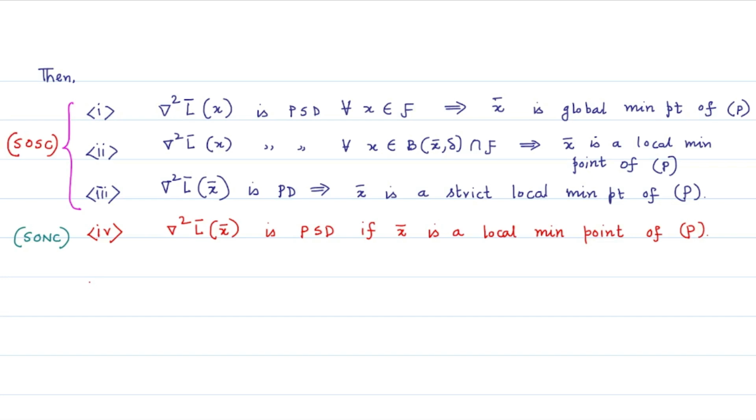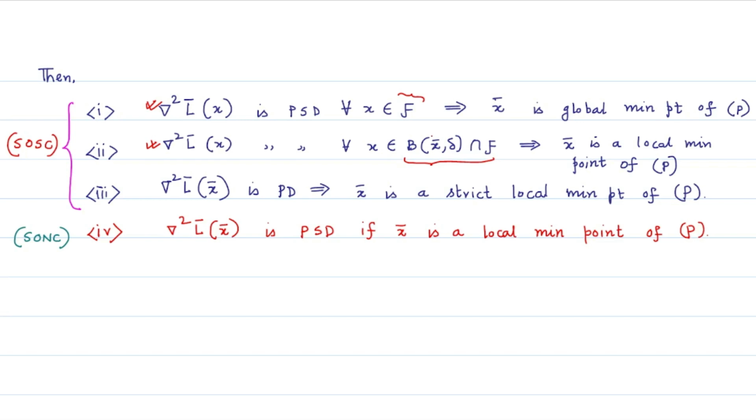Now here we notice that these second order sufficient conditions require checking positive definiteness or positive semi-definiteness of these Hessian matrices inside the entire feasible region. But checking definiteness of this Hessian inside the entire feasible set, or even in a local neighborhood, is a bit tedious and practically very difficult.